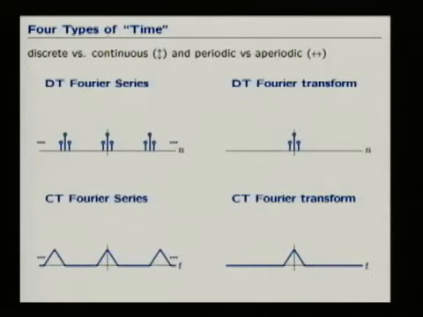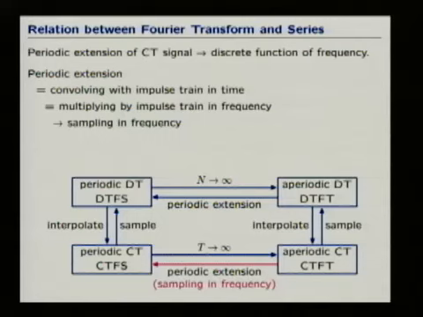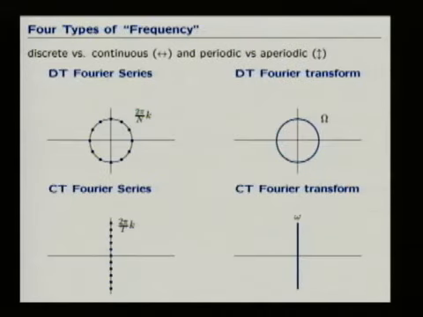I wanted you to see that if you think about periodic extension, which is moving left in this diagram, what you're really doing is sampling in frequency. So that's the reason it came out having a sampled representation on the left.